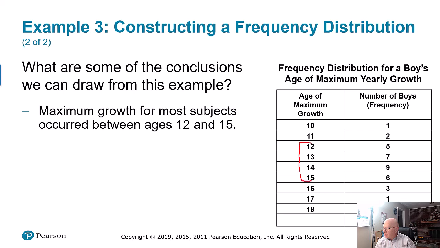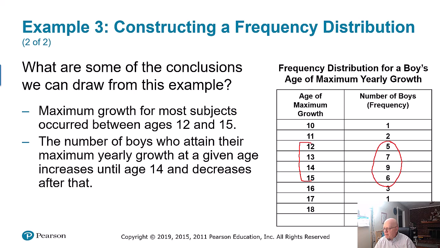Most of those boys, as you can see from the numbers, were from 12 to 15. Also, it usually goes up to 14 and then decreases after that. So 9, 6, 3, it all goes down after 14.